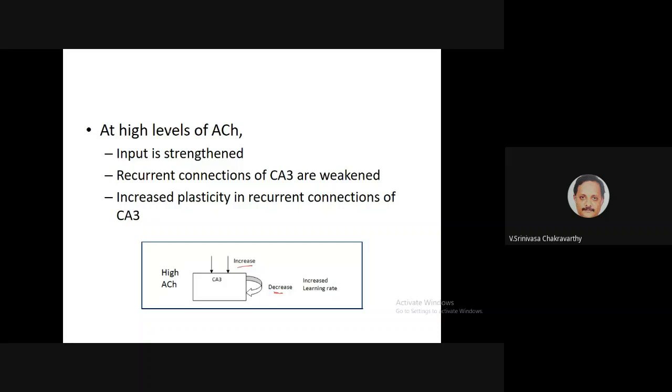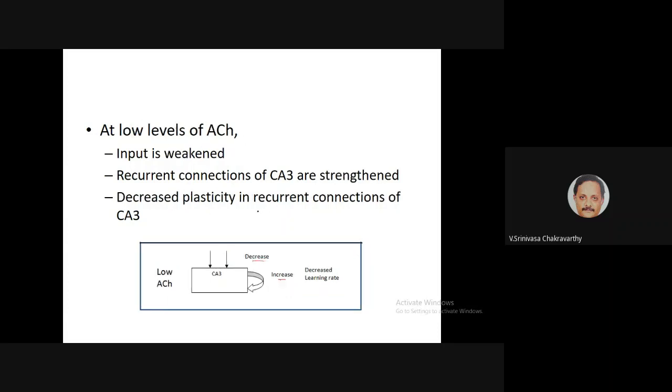So it turns out that at high levels of ACH in CA3, all these three changes take place. The input is strengthened, recurrent connections of CA3 are weakened, and there is increased plasticity in the recurrent connections of CA3. Whereas at lower levels of ACH, input is weakened, recurrent connections of CA3 are strengthened, and there is decreased plasticity.